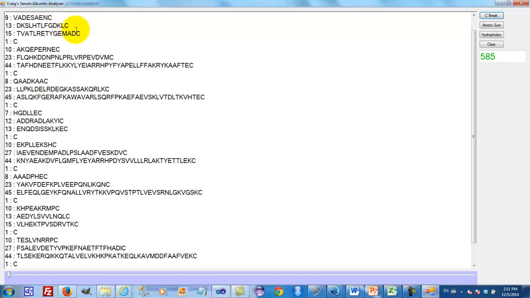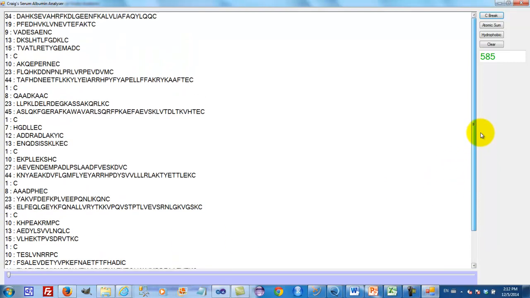generates 3 lines, followed by a single C, followed by 3 more lines, followed by a single C, and so on, repeating.